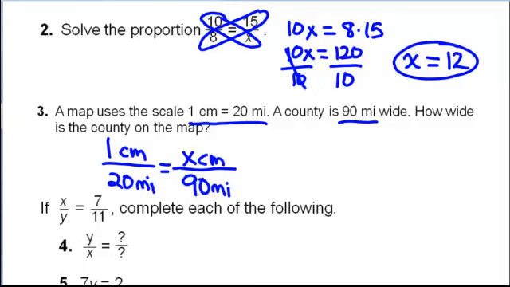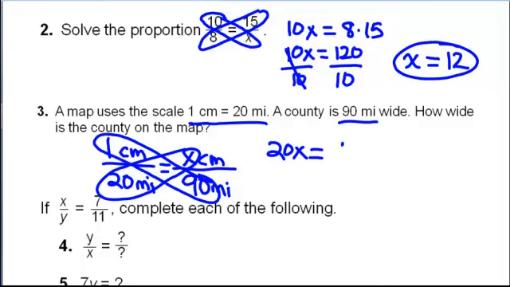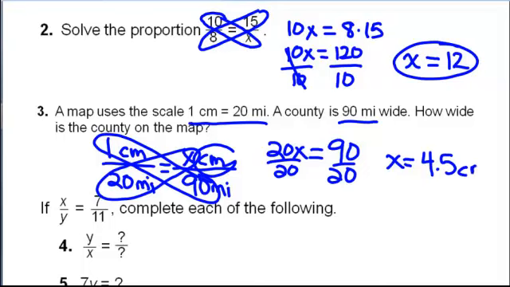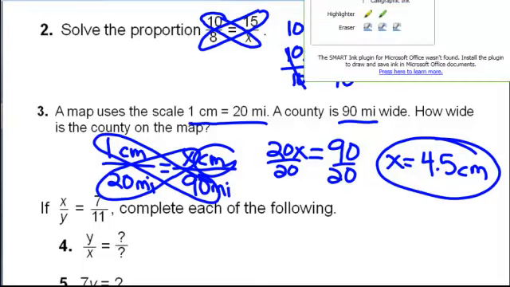So we're going to cross multiply, ignoring the labels. 20x is equal to 90. I'm going to divide by 20 on both sides, and I get x equals 90 divided by 20, which is 4.5. My label, centimeters. Final answer.